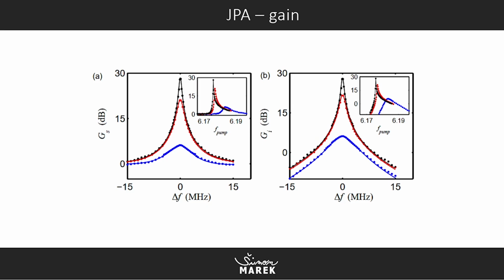So there is gain for the Josephson parametric amplifier, and you can see it's fine-tuned at only one frequency, and it is very narrow, within a few tens of megahertz. So this can be a frequency at, let's say, 4 or 6 gigahertz typically for a Josephson parametric amplifier, and it is very narrow.